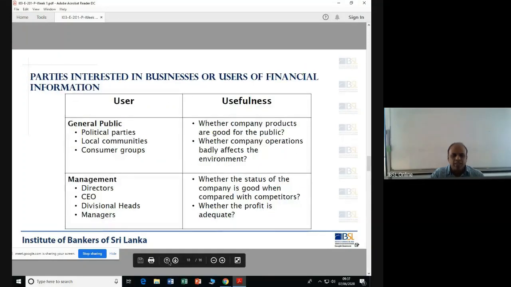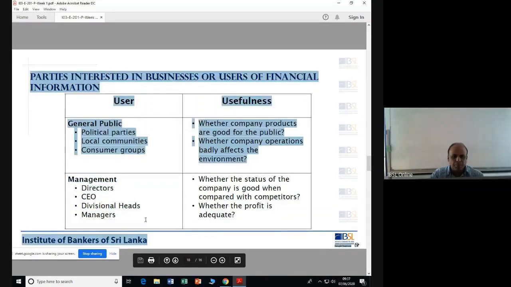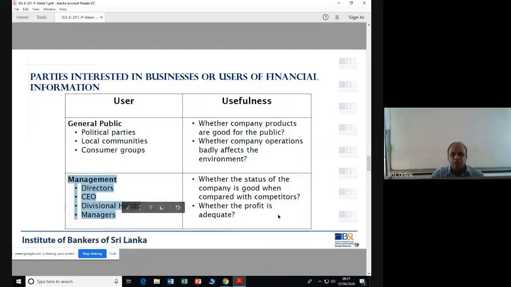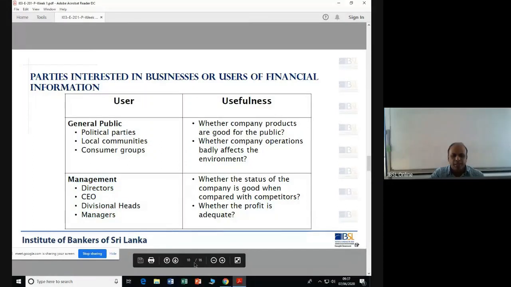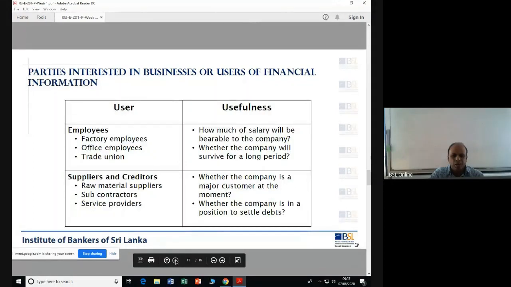The management means this particular category of people, who are going to control the internal accounting environment.